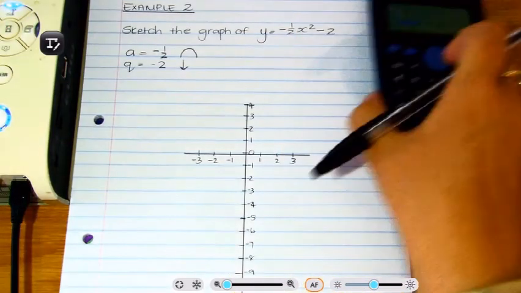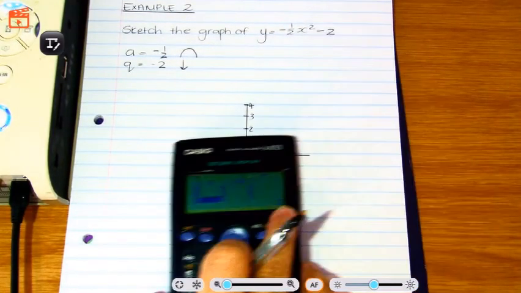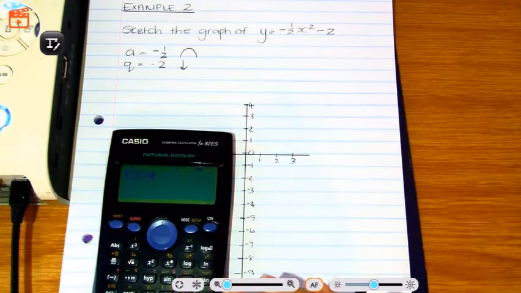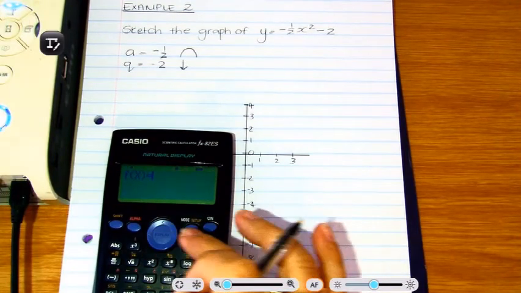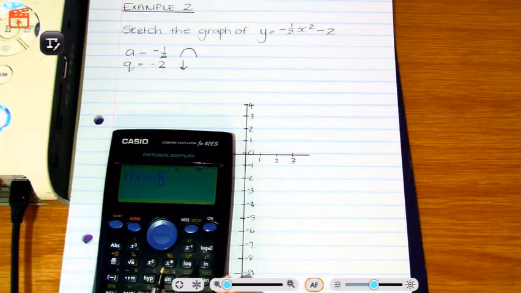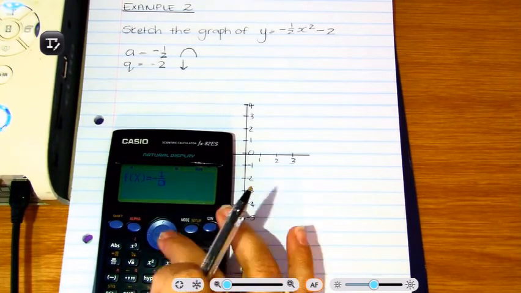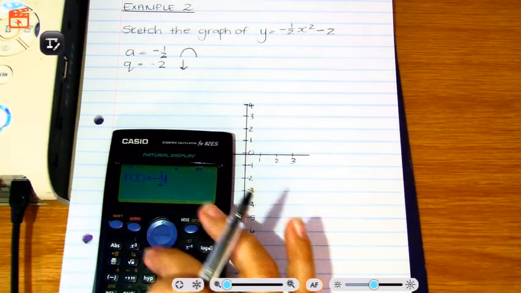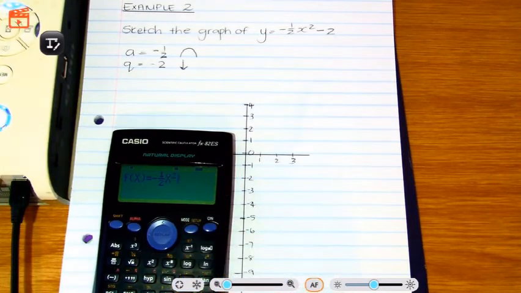From there, I'm going to go straight to my calculator. I'm going to put in my function. So my f of x is equal to my fraction button, 1/2 alpha x squared minus 2. I'm starting at -2, ending at +2. My intervals are 1.